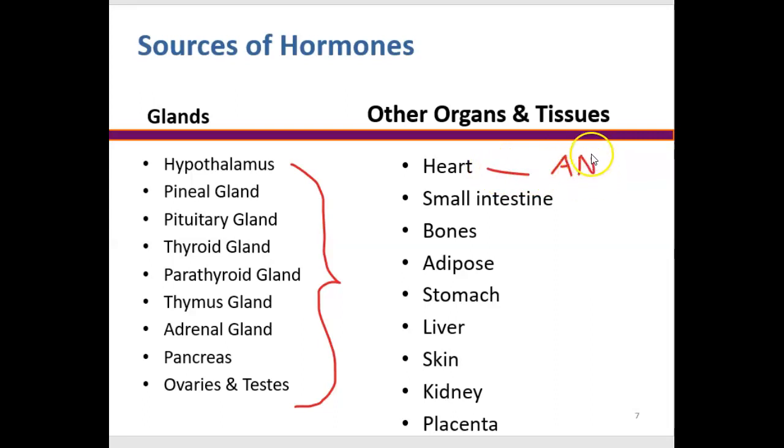What it means is sodium is secreted in the urine and it reduces blood volume. But the heart makes a hormone. The small intestine makes a couple of hormones. Bones make hormones, adipose, stomach, and the list goes on and on and on. So any tissue or cell that secretes a signaling molecule directly into the blood that will target another cell is considered maybe an endocrine cell.